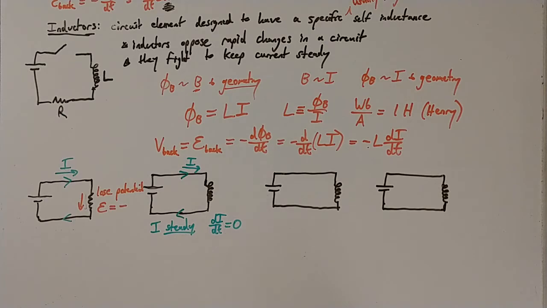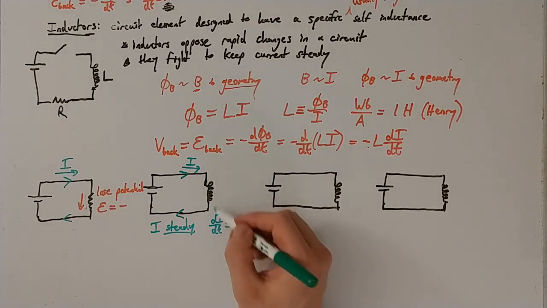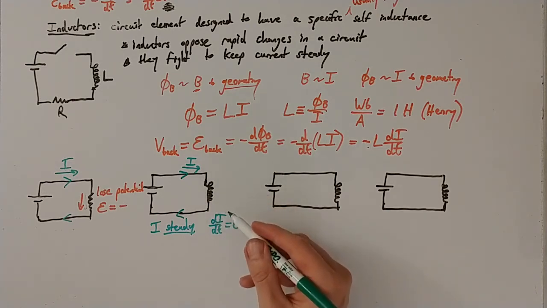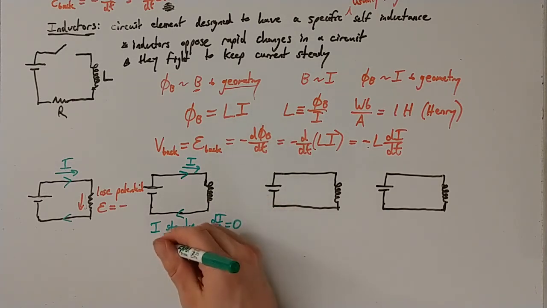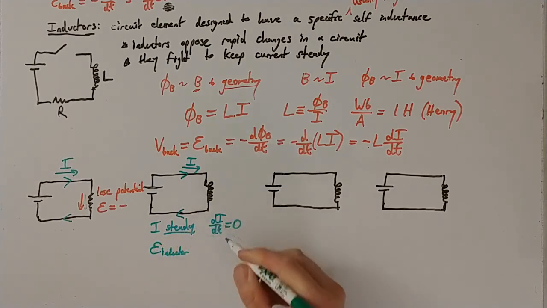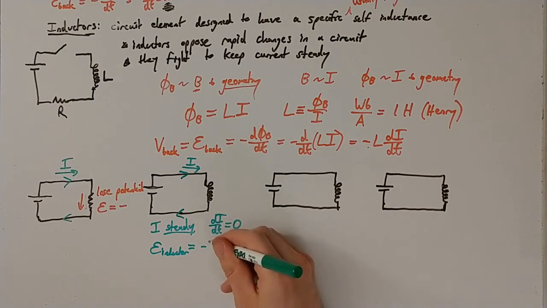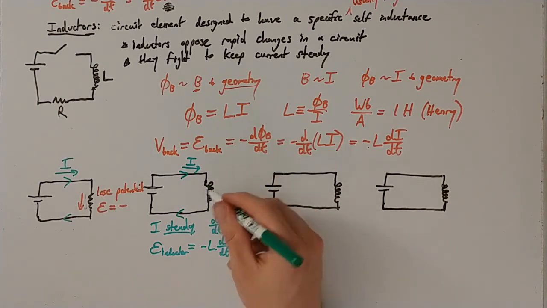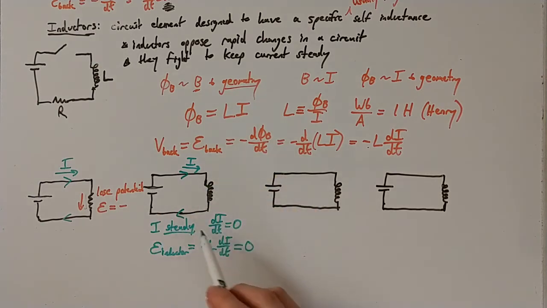Well, and if di/dt is 0, then if we want to calculate the potential across this inductor, what's it going to be? Well, the potential across the inductor is minus L di/dt, right? But di/dt is 0, so that's 0. So you don't get any potential change. I can have current flowing, but if that current is steady, if it's not changing, the inductor doesn't do anything.